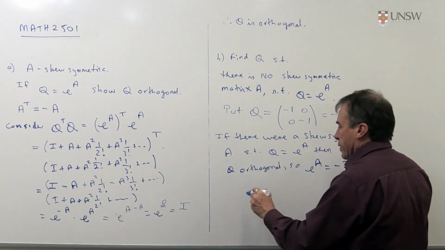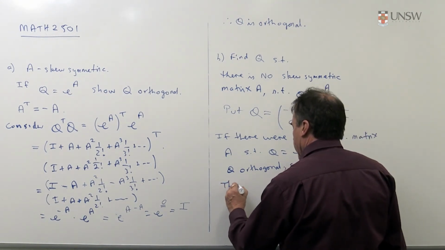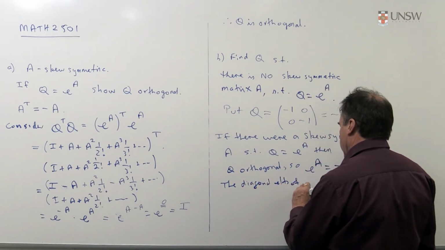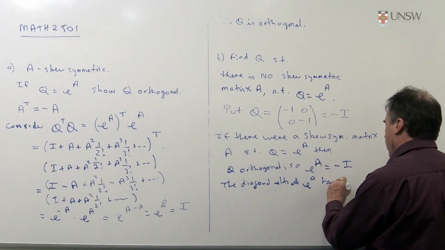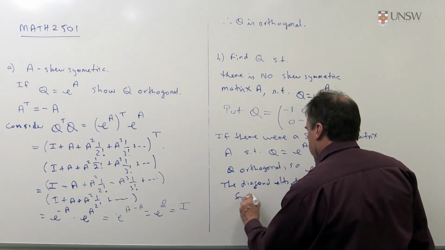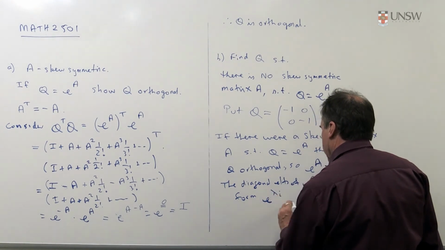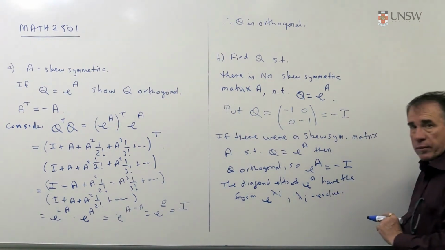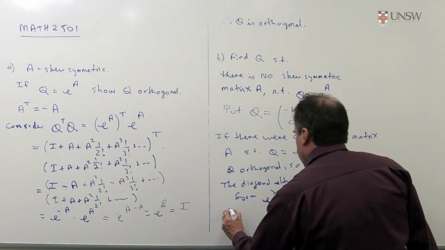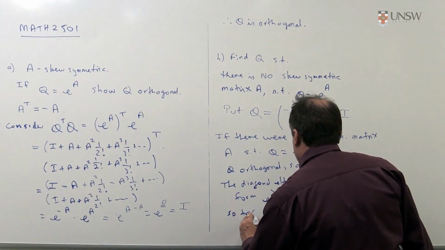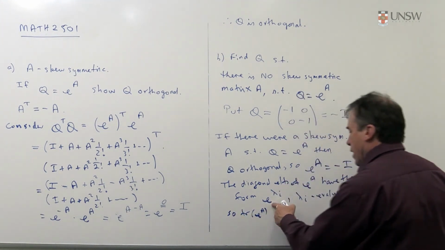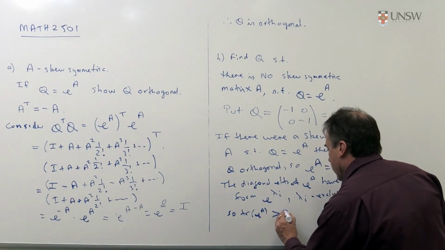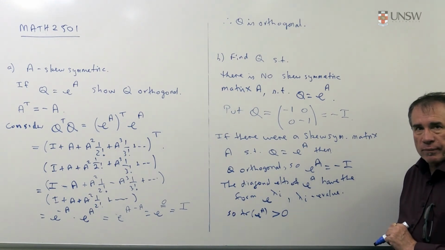Now, look at the traces of each side. So the diagonal elements of e to the A have the form e to the lambda i, where lambda i is an eigenvalue. So that would mean the trace of e to the A is a sum of expressions with e to the lambda i, which are always positive, and so they would always be positive.